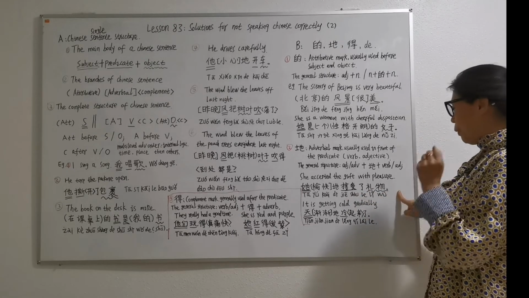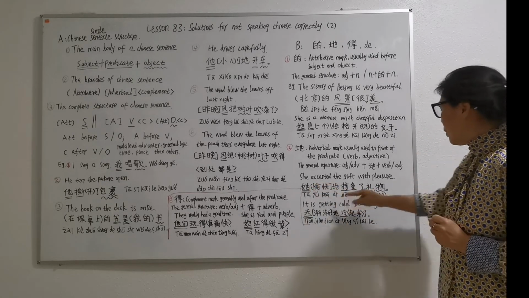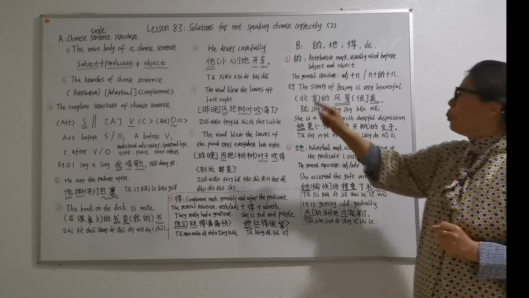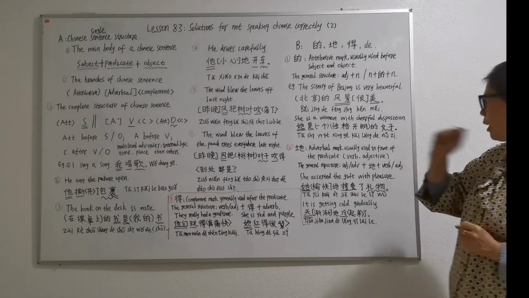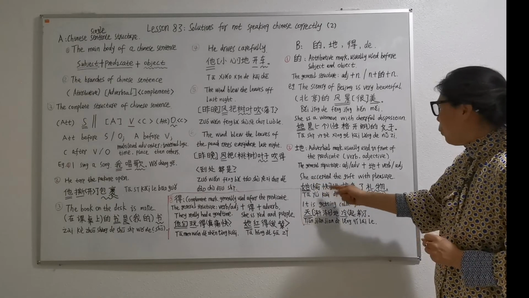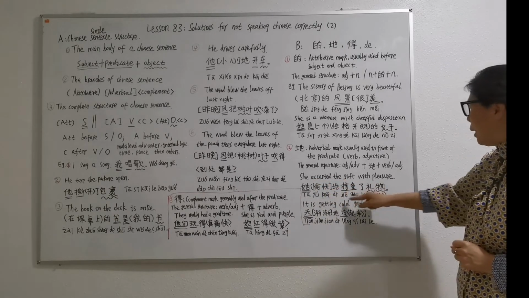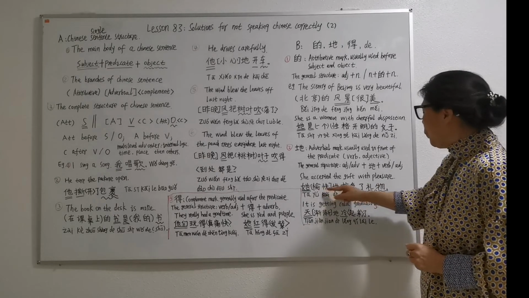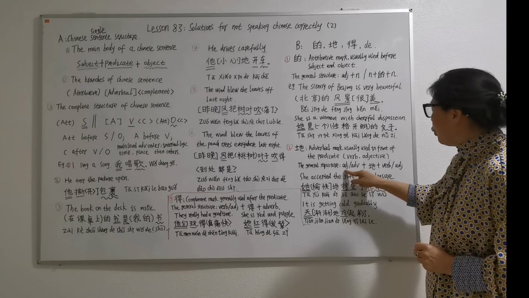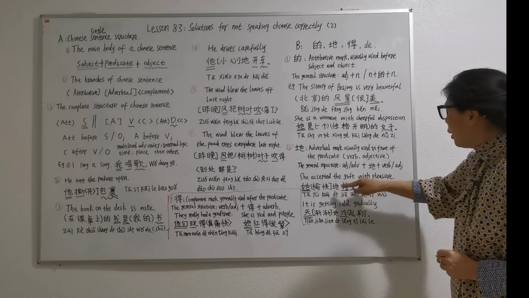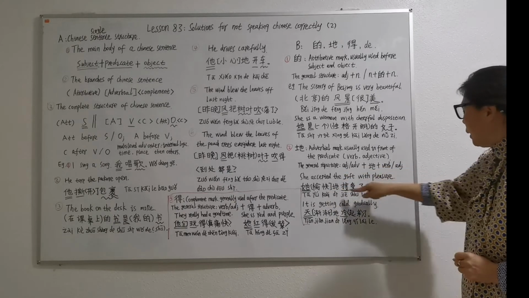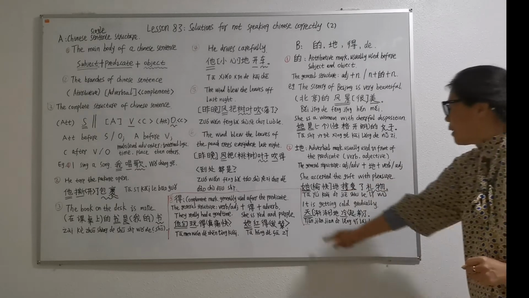Same, we check the main body first: 她接受礼物, 她 subject, 接受 predicate, 礼物 object, and we have the adverbial before the verb 接受. 愉快 is an adjective so its structure is adjective add 地 add the verb 接受. Okay, another one.